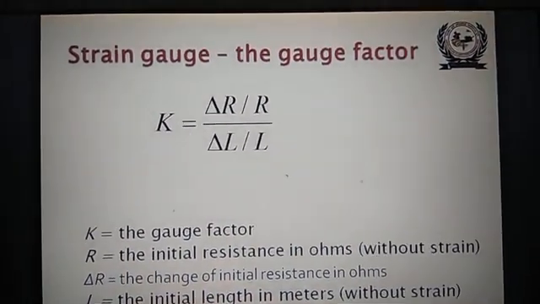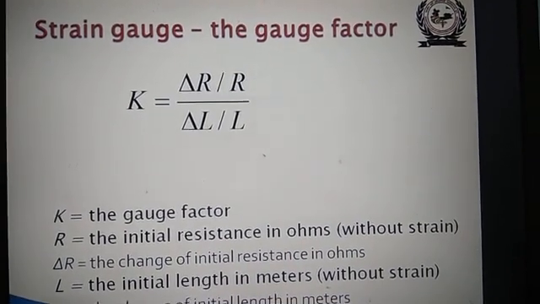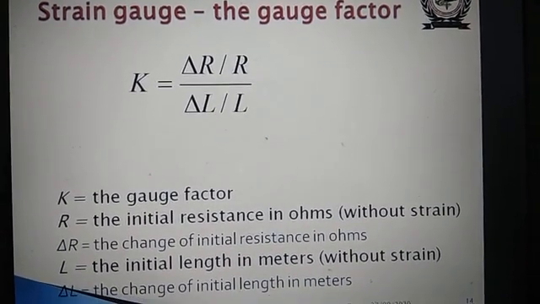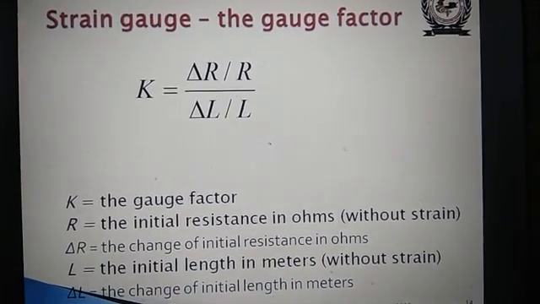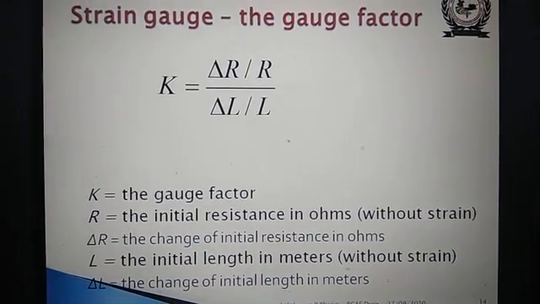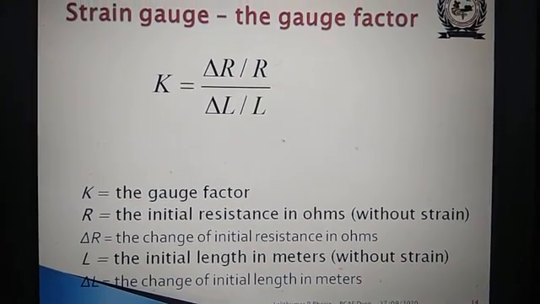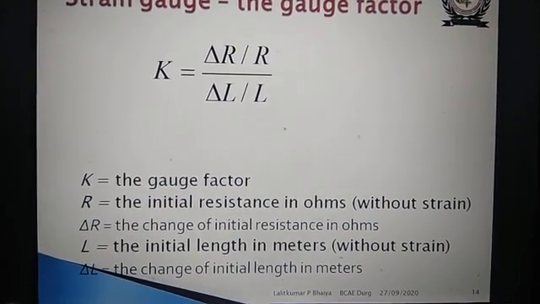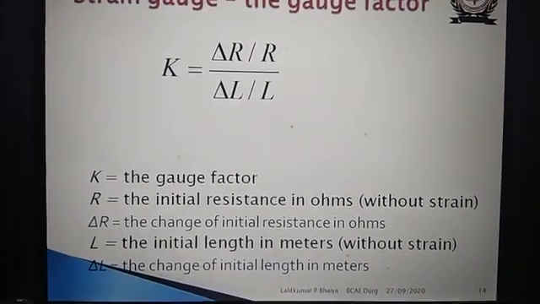So this is the gauge factor of a strain gauge, which is equal to K, or somewhere it may be written as G, delta R upon R over delta L upon L. That is, the change in resistance to the original resistance, upon the change in length to the original length.